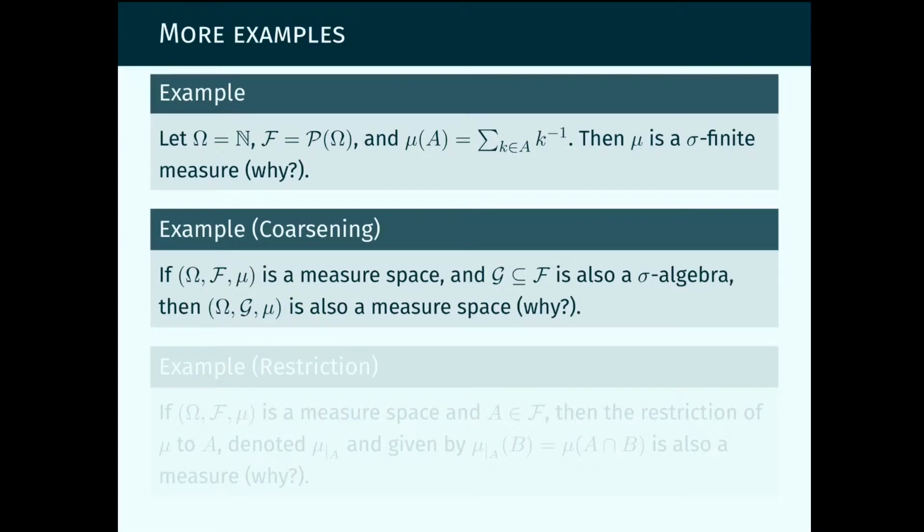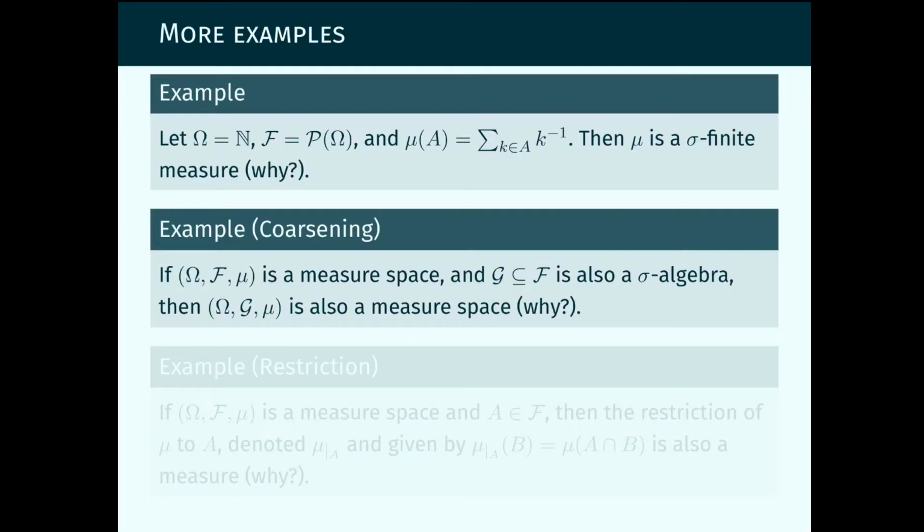Now the other example is the restriction of the function mu to a smaller class of sets, which we call coarsening. Why coarsening? Because if a sigma algebra is contained in another sigma algebra, we say that the second one is finer and the first one is coarser.